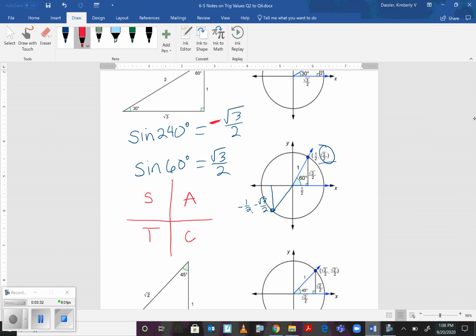In the second quadrant, only sine is positive and its reciprocal cosecant. In the third quadrant, only tangent is positive and its reciprocal cotangent. And in the fourth quadrant, cosine is the only ratio that is positive, cosine along with its reciprocal secant.